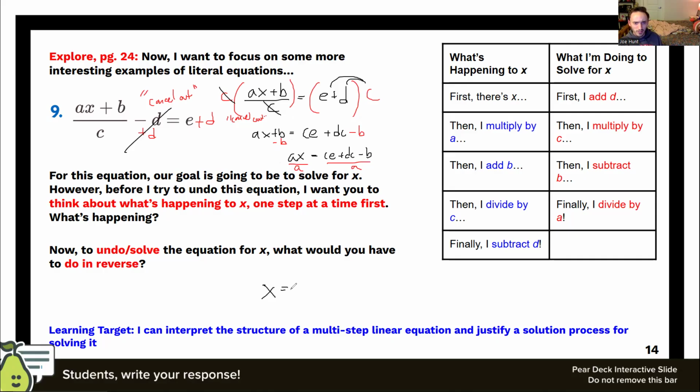So what I'm finally seeing is that ce plus dc minus b, all divided by a, that's the value of x. So if someone tells me what a, b, c, d, and e are, then I could finally figure out my value for x, but not until they tell me, right? So I got to know 5 more pieces of information before I can figure out the 6th. What's the value of x?